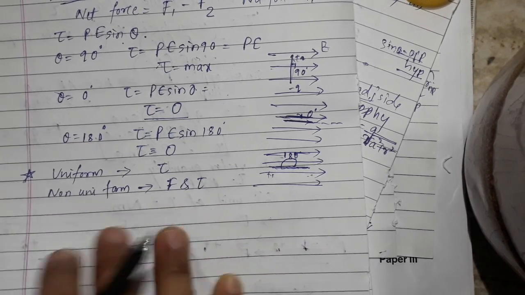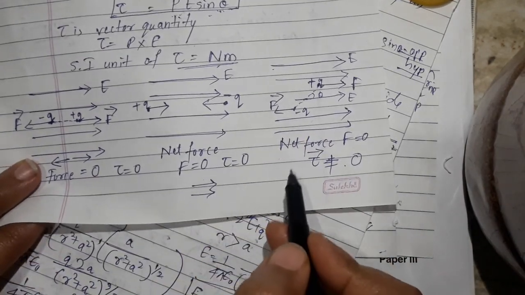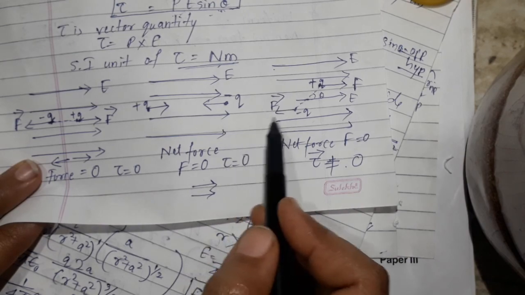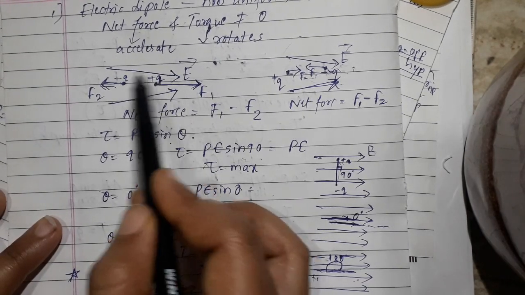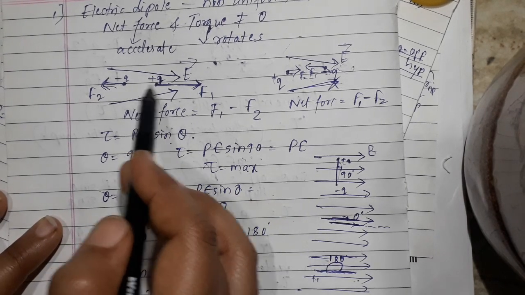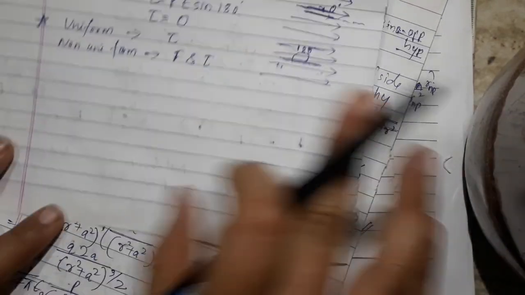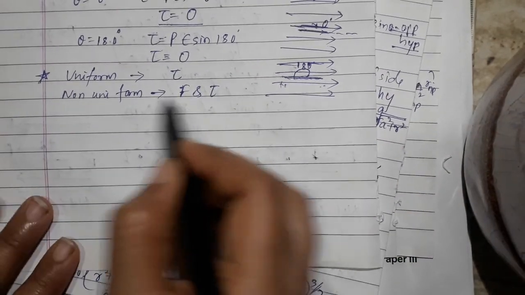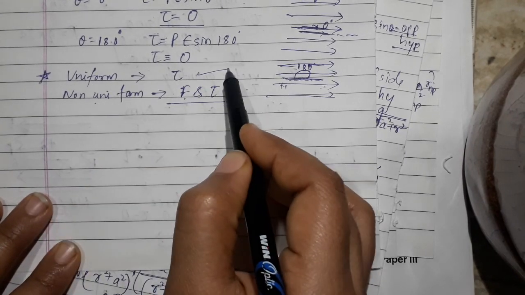In a non-uniform electric field it accelerates, because non-uniform means one side will have a greater electric field and one side a lower one. Due to the greater electric field, the dipole will move and accelerate. So in a non-uniform electric field force and torque both are there, but in a uniform field only torque will be there.